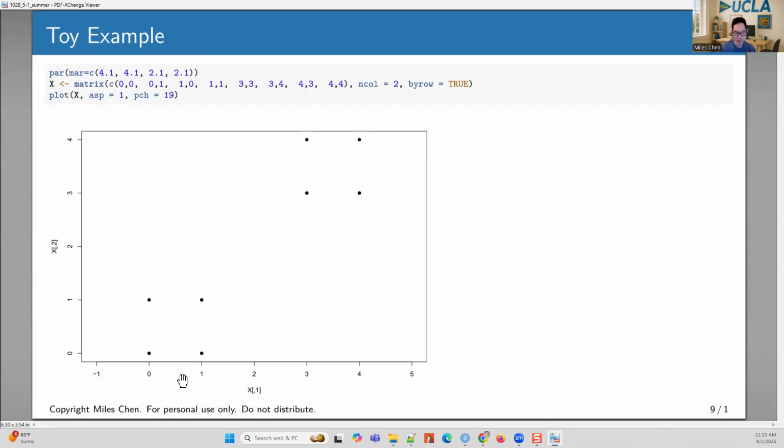But we'll run through the algorithm and make sure that k-means clustering can identify the clusters, as we would anticipate. So we have 8 points: (0, 0), (1, 0), (0, 1), (1, 1), and then (3, 3), (4, 3), (3, 4), and (4, 4). These are our points.